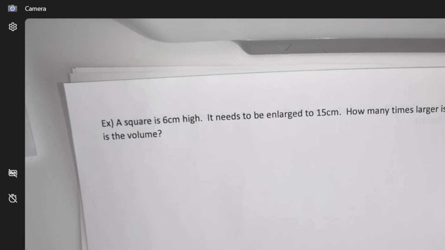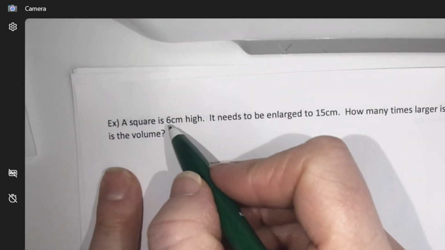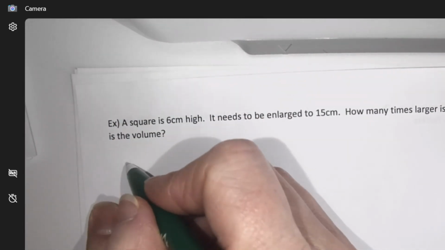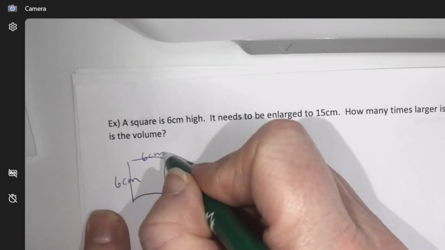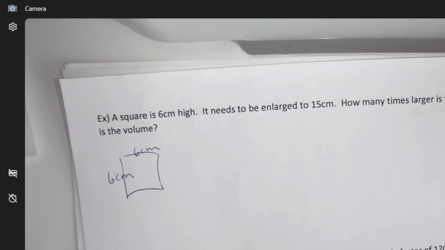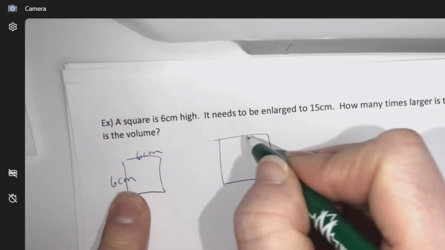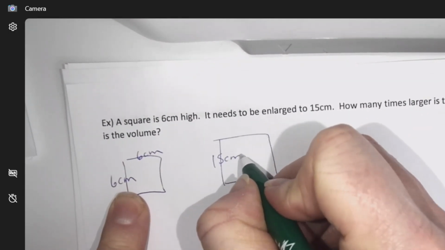Okay, a square has a side of 6 centimeters. There's a square, it's 6 centimeters, and we need to enlarge it so that its length, side or height or whatever, is now 15.